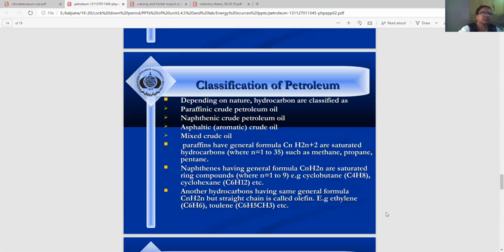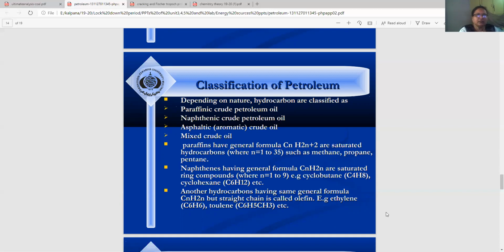In classification, depending on the nature, these hydrocarbons are classified as paraffinic, naphthenic, asphaltic, and then mixed. Paraffins have the general formula CnH2n+2, and these are saturated hydrocarbons, with n from 1 to 35.